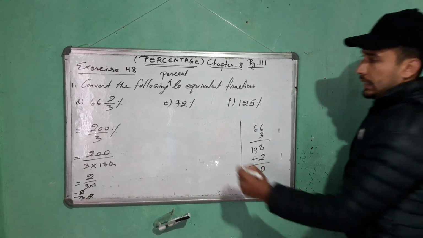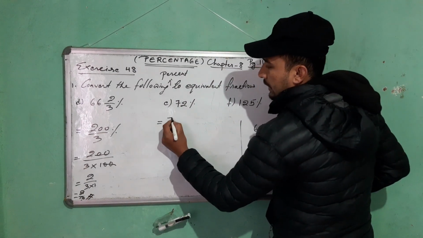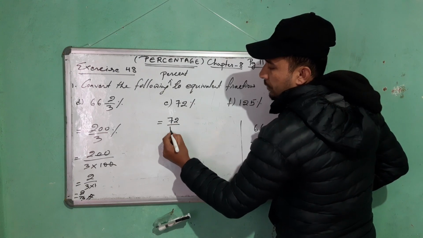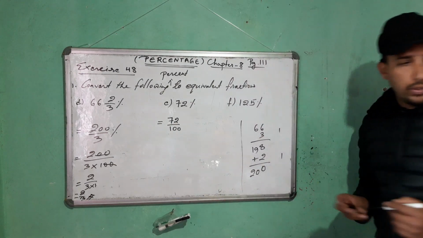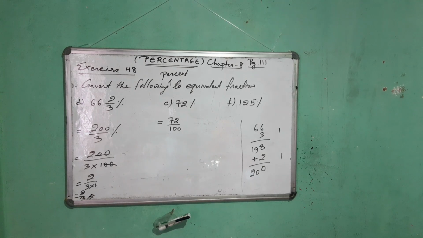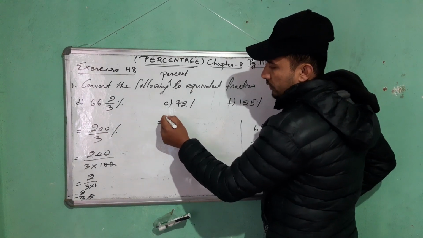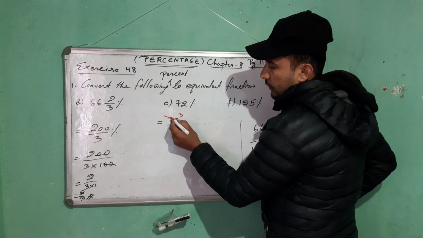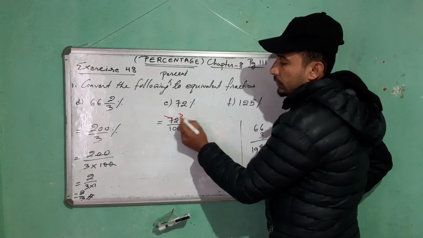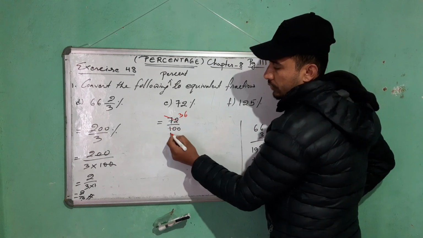Next, the 72%. 72 upon 100. Let's do the cancellation. Let me cancel with 2. 2 3s are 6, 2 6s are 12, 2 5s are 10.